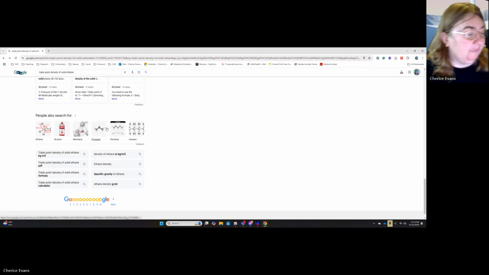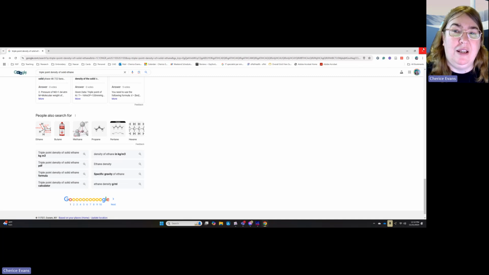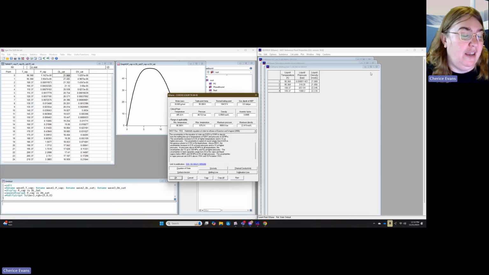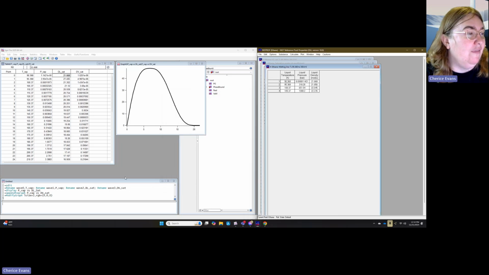So that means we don't really have the triple point density of solid ethane. But we at least have the density of the liquid.